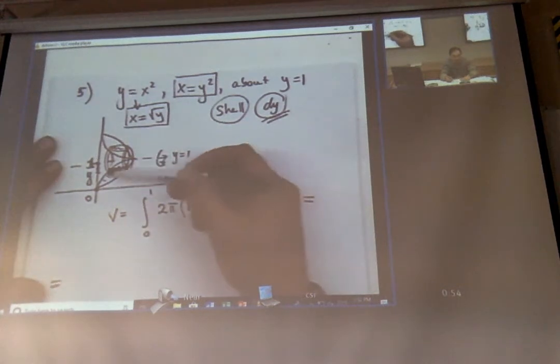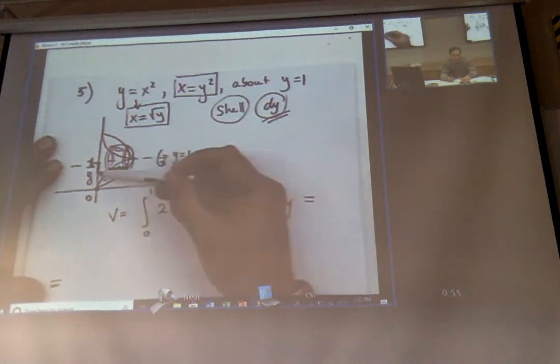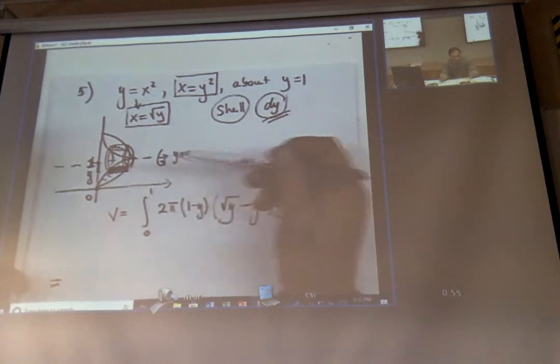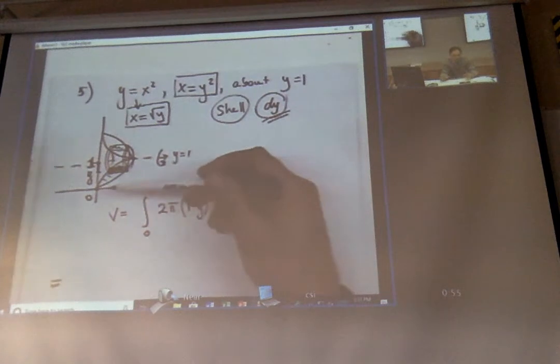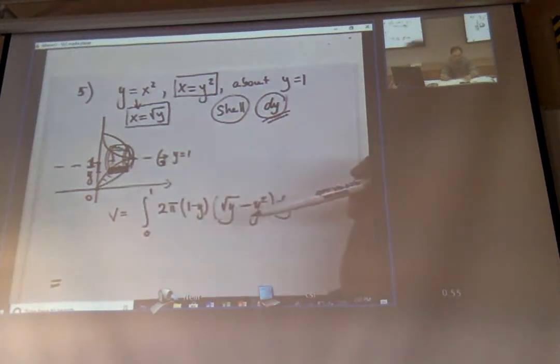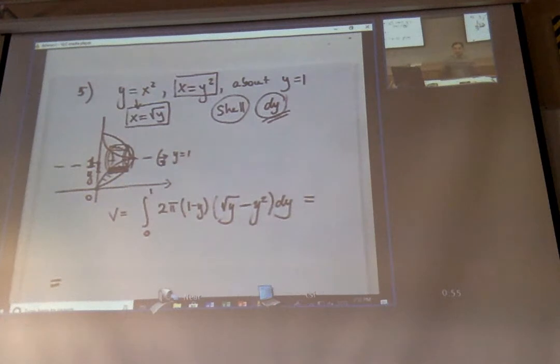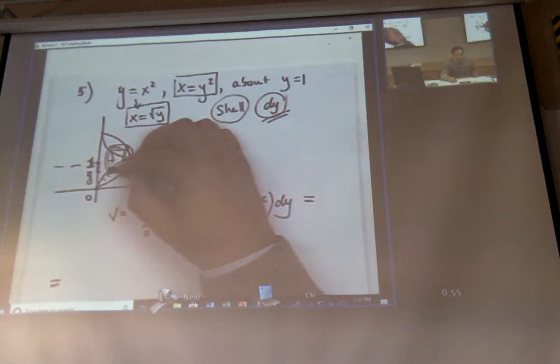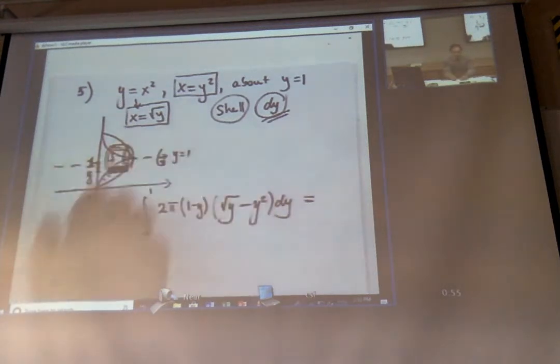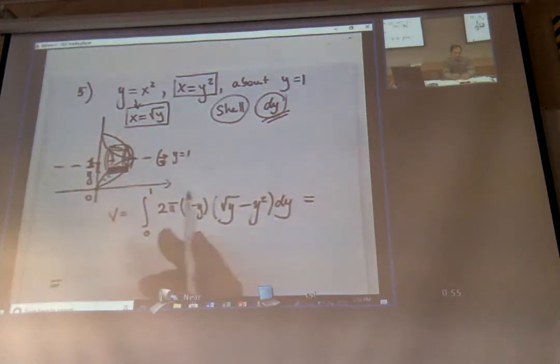So if you put the rectangle parallel to the x-axis, just put y over here, this will be the distance. The next step, upper and lower limits go with the variable. dy means y variable. And with the formula, you go with 2 pi x or 2 pi y, but you have to remember, I'm looking at the picture and I see that the radius is not y. The radius is 1 minus y. And also how tall the rectangle is will be determined by the curves. Well, this is the setup.